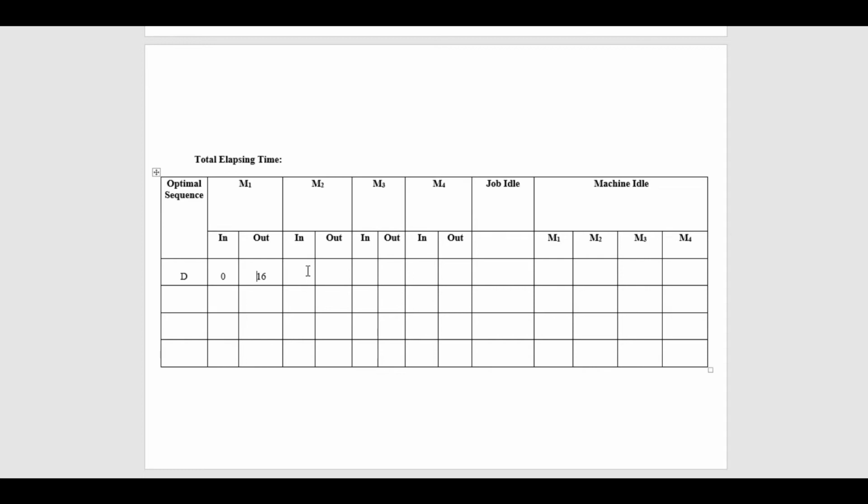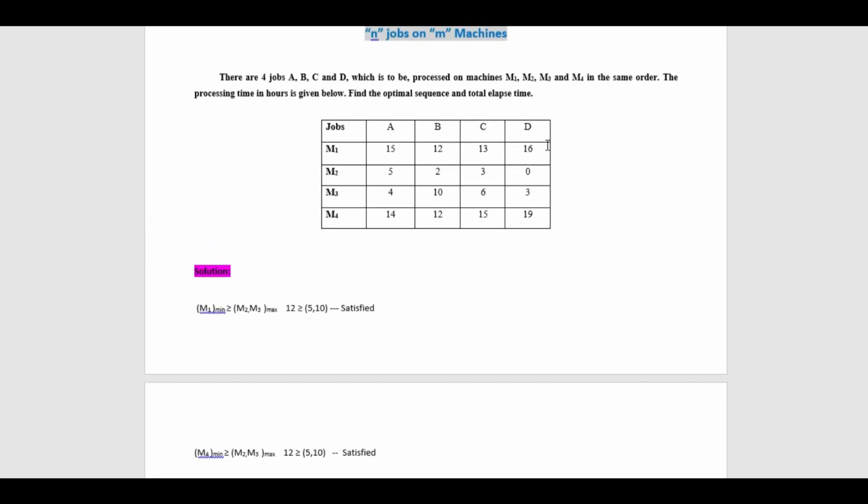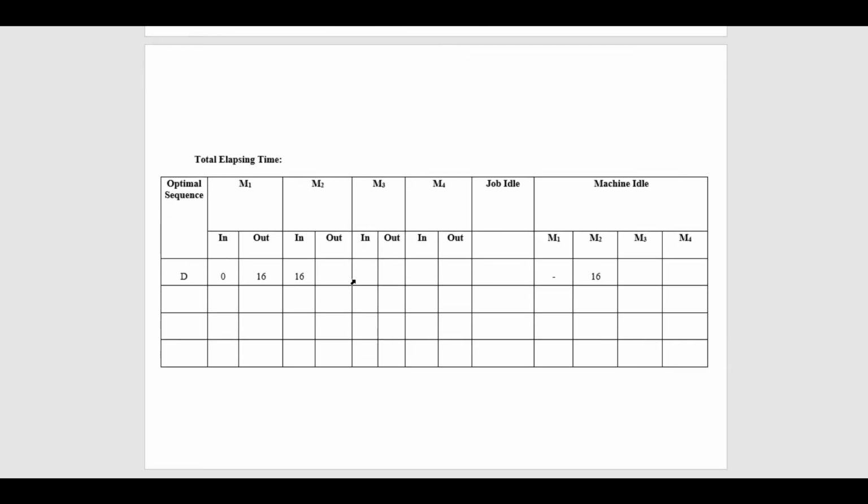Until that, machine 2 should be in idle condition. There is no idle time for machine 1, but machine 2 should be idle for 16 minutes to receive job D from machine 1. So the machine idle time will be 16. The job in time into machine 2 will be 16th minute, and processing time in machine 2 will be 0, so the job out time will be 16.